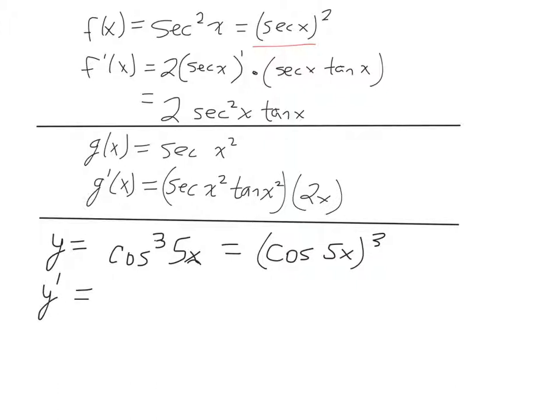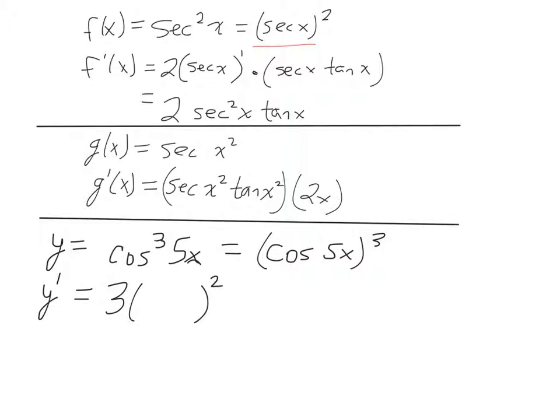This derivative here. Again, start at the outermost part. The outermost function I have is something cubed. So just ignore what's inside of here. This is just something to the third power. When I take the derivative of something to the third power, I'm going to bring down that third power, and then it's going to be reduced by a power of 1.